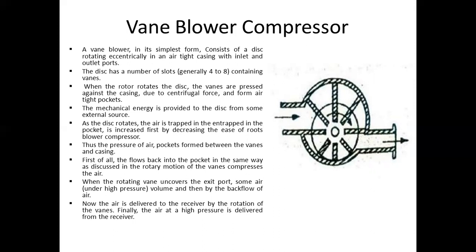Thus, the pressure of air entrapped in the pocket is increased first by decreasing the volume and then by backflow of air. Now the air is delivered to the receiver by the rotation of the vanes. Finally, the air at high pressure is delivered from the receiver.